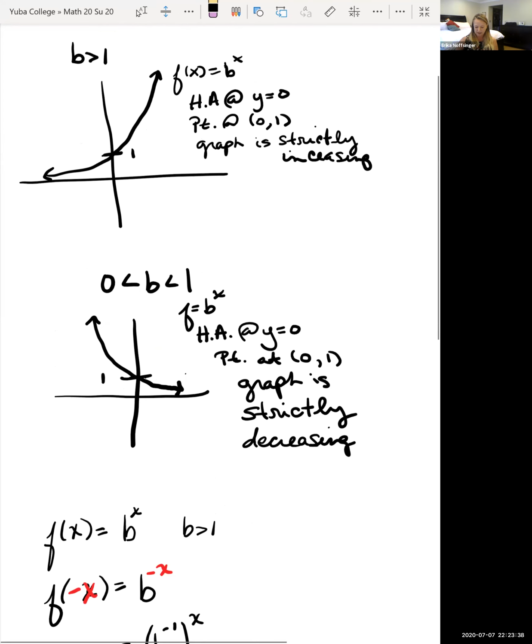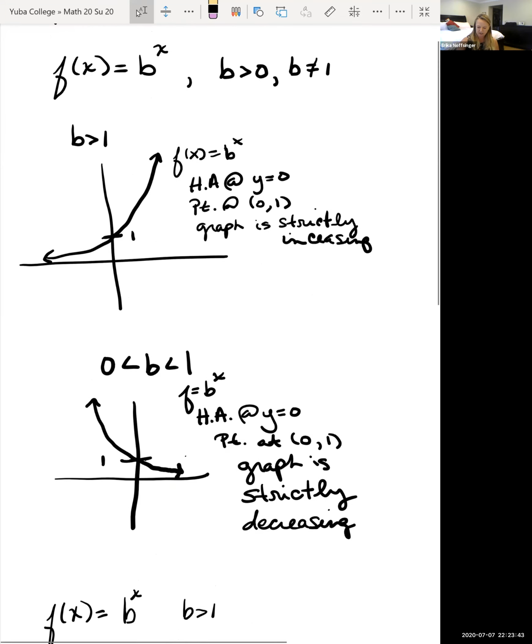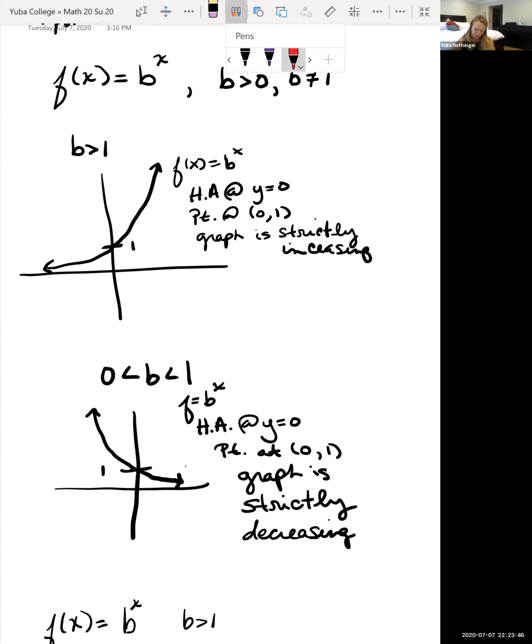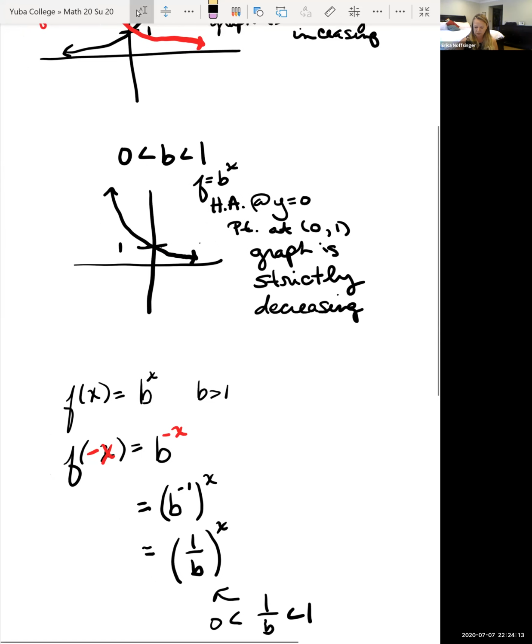And we talked about, again, changing the sign of our x value is a reflection across the x-axis.